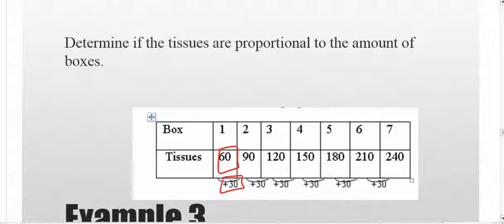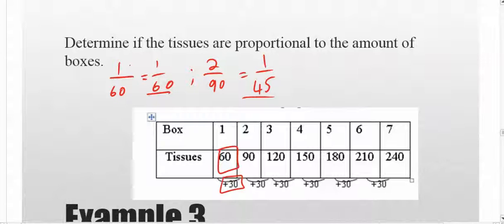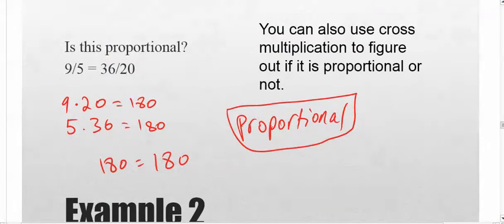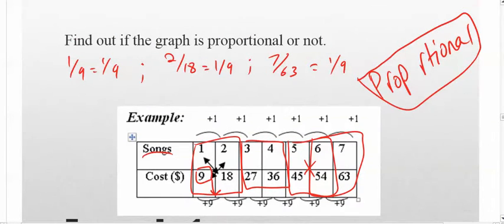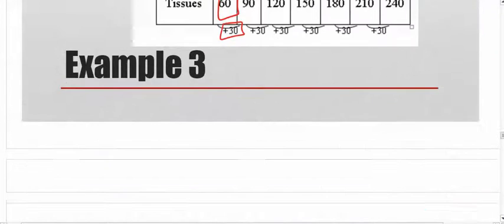So to check, if you want to, you do 1 divided by 60, which equals 1 divided by 60. And then you do 2 divided by 90, which equals 1 divided by 45. And right there is where it shows that this problem is not proportional, because in the first problem I showed you that they're all equal to each other, and this is not.